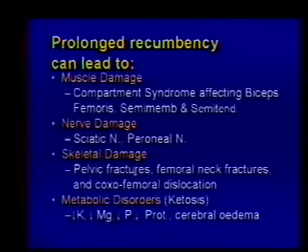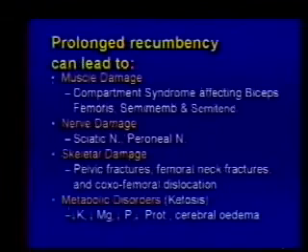Skeletal damage, pelvic fractures, femoral neck fractures, and coxofemoral dislocations can also predispose the cow to the downer cow syndrome. And there are metabolic disorders such as ketosis. A decrease in potassium, hypomagnesemia or hypophosphatemia can also predispose the cow to the downer cow syndrome.